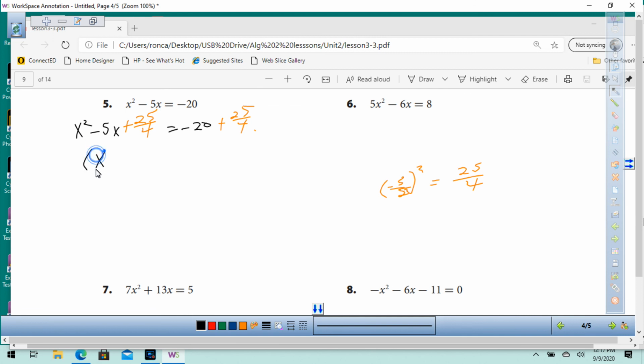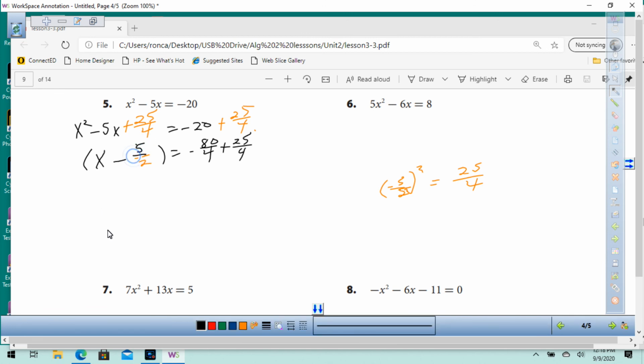And now we got x, and you notice how that's a minus, so we're going to have minus, and this negative 20, we got 4 over here, so that's going to be negative 80 over 4 plus 25 over 4. And here we're going to have b over 2. b is 5, so we're going to put a 5 in there.